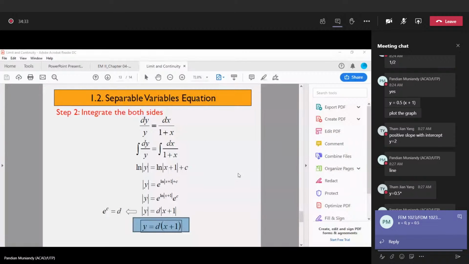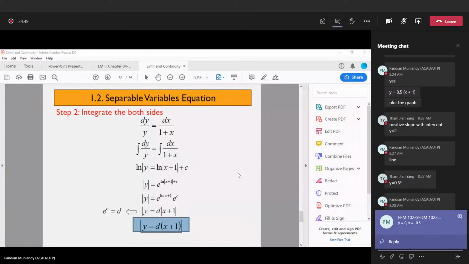When y is 0, x equals to minus 0.5. So it cuts the x-axis and y-axis. So it is a straight line. S-T-R-A-I-G-H-T. Straight line.